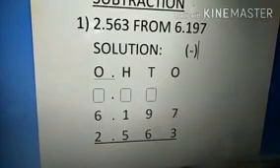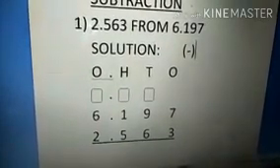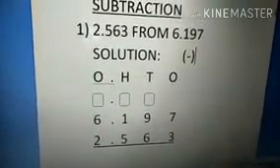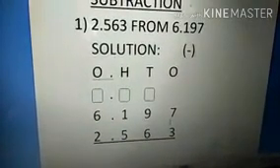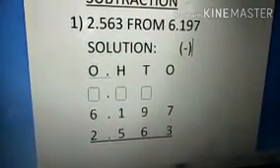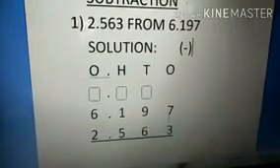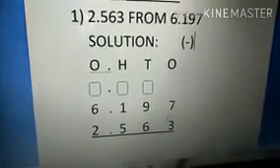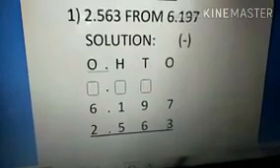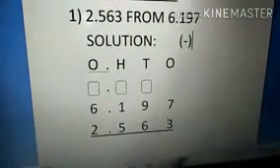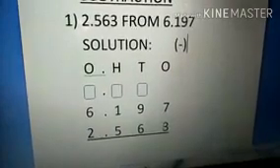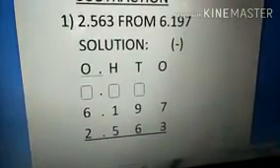Okay, come to the problem. Now, in the ones place, first you check the two numbers, which one is the greater. The first one is the greater number, so we can subtract the smaller number from the greater number. Keep 3 in the mind.